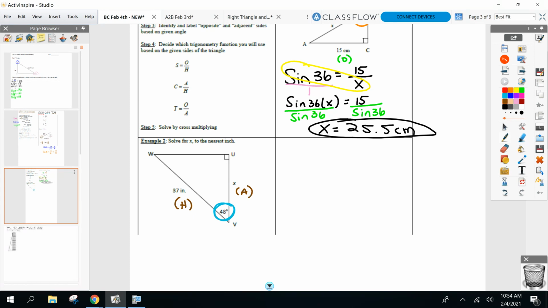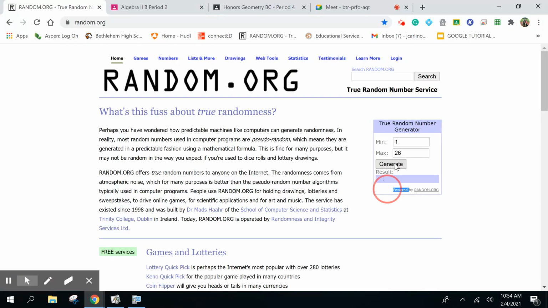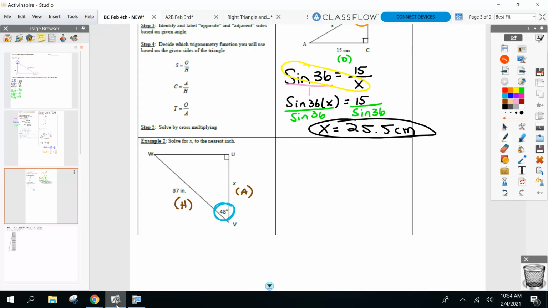SOHCAHTOA. If I have A and H, which ratio can be used here? Sabrina, which ratio here? Cosine. Good job. And we abbreviate cosine with COS. So I'm going to use the cosine ratio. Cosine of 48 degrees. I already know the measurement.